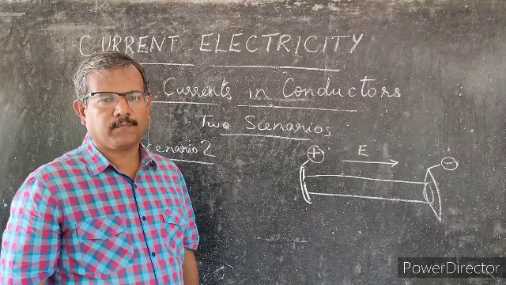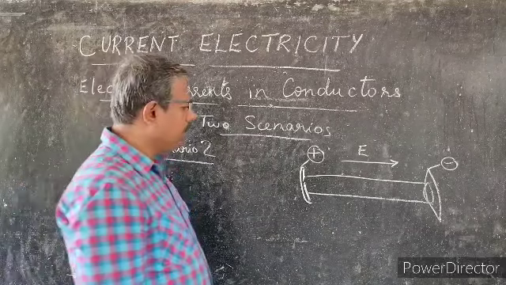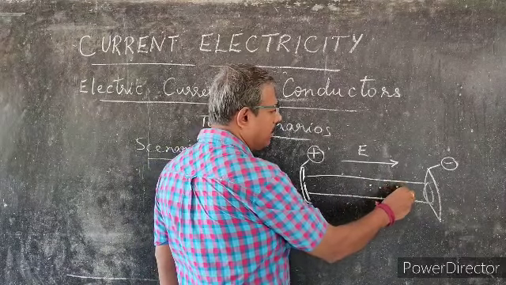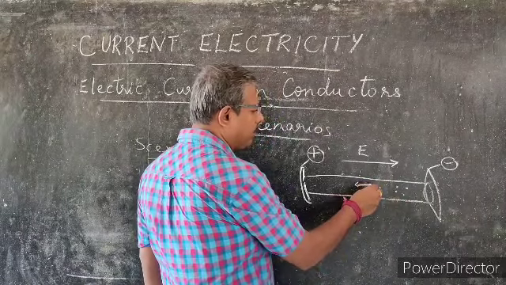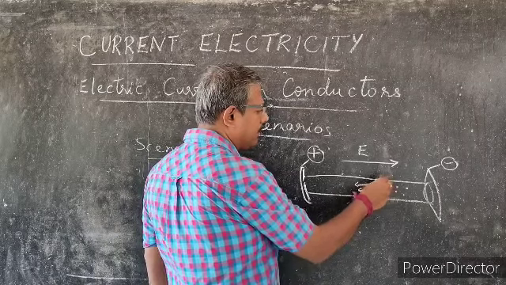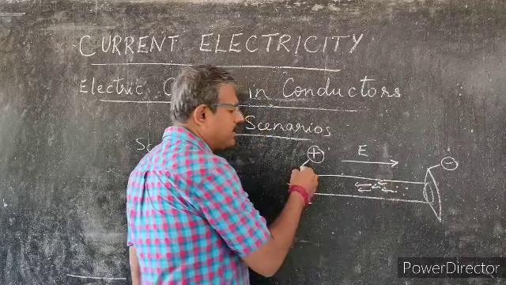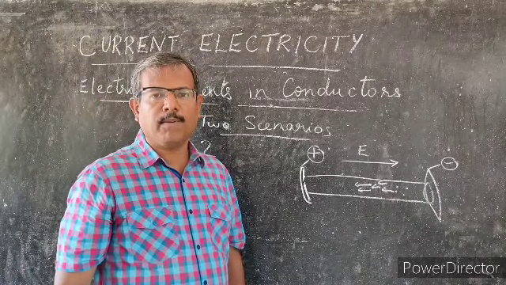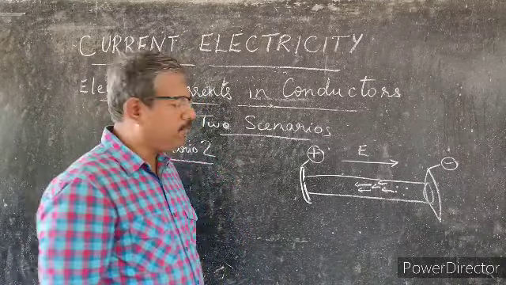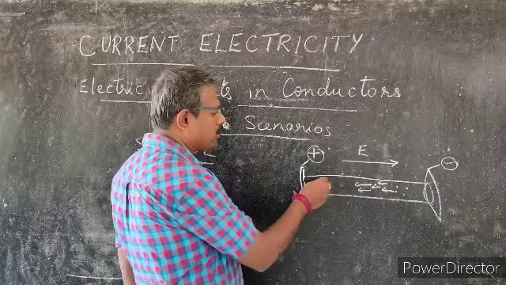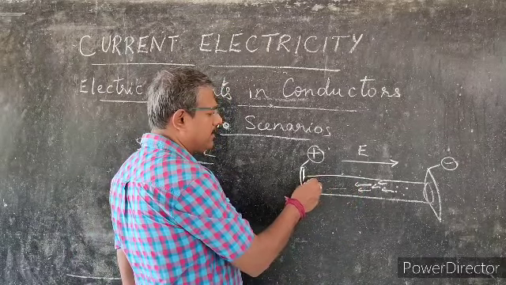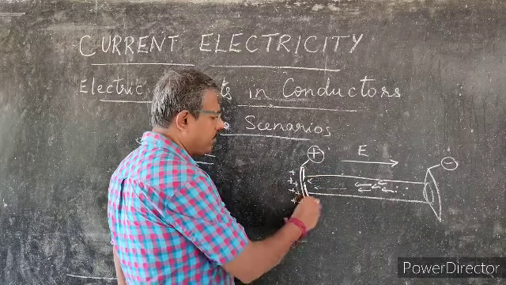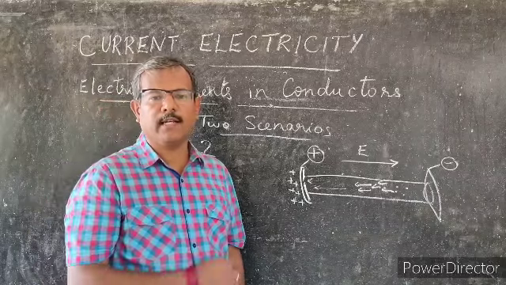Now what happens? Now the electrons will all be subjected to a force that pulls them in the direction of the positively charged electric disc. So for a brief moment, these electrons will all rush in this direction and they will neutralize the positive charges on the electric disc.